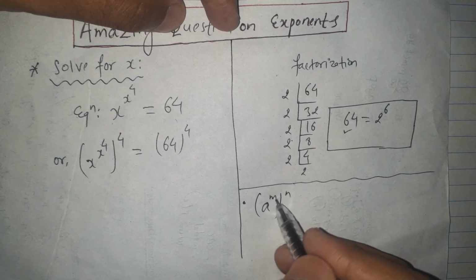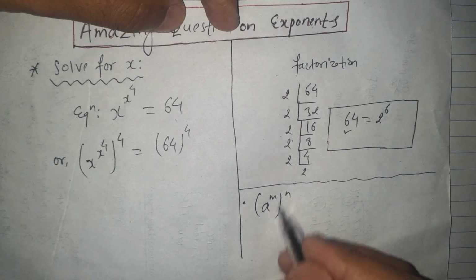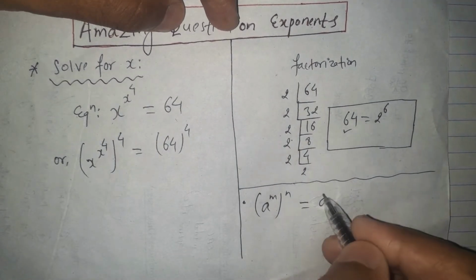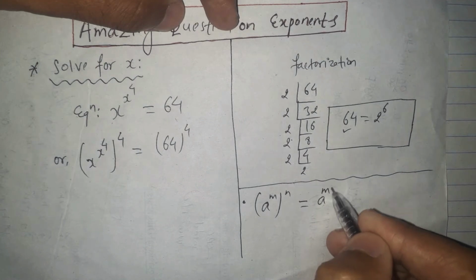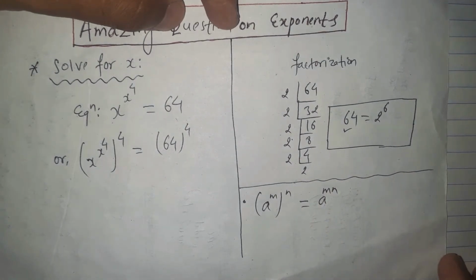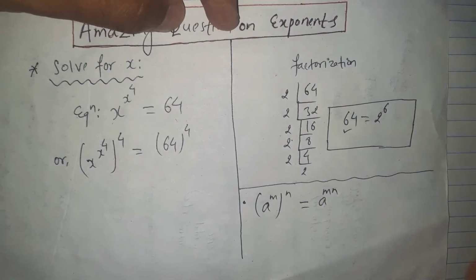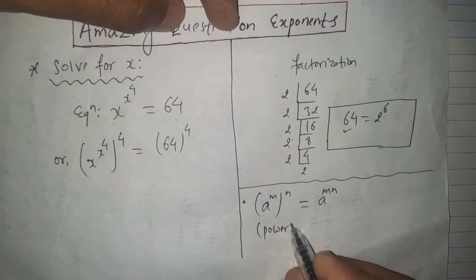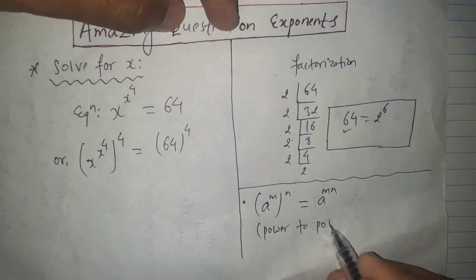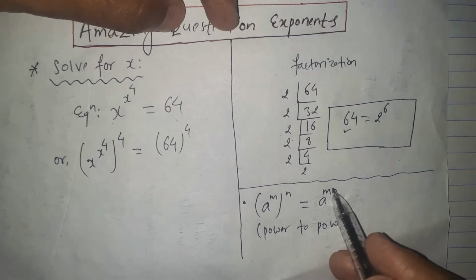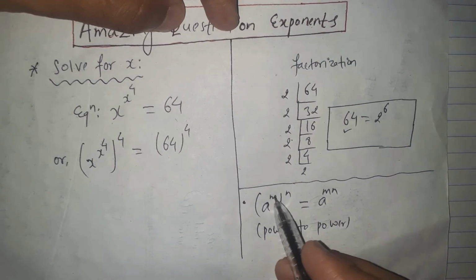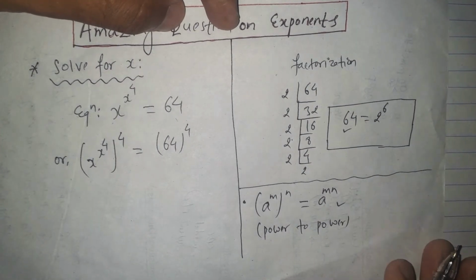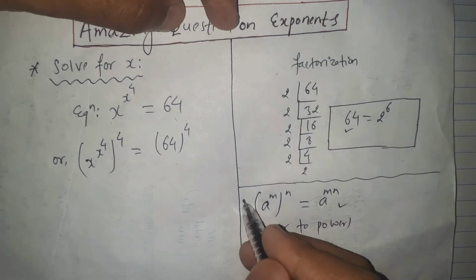If a number a is raised to the power m and again raised to the power of n, then it is the same as a raised to the power m times n. Please remember this very important property of the exponents. The power will be the product of the powers, m times n. This is the power to power property of the exponents.